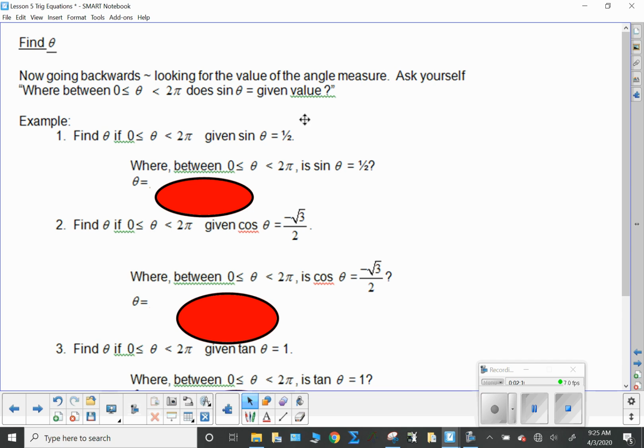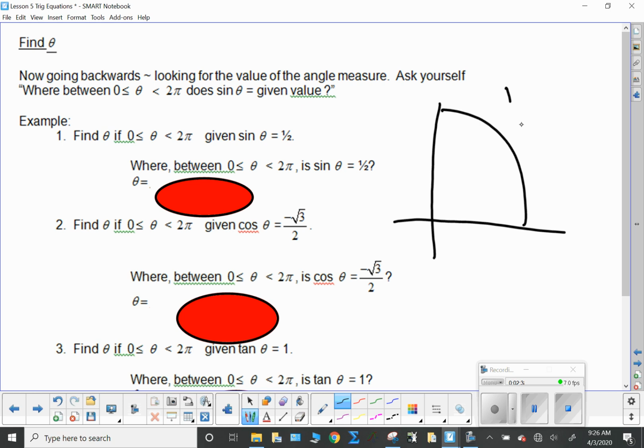I'm going to look at these problems here. So for this one, find theta if 0 is less than or equal to theta is less than 2 pi, given that sine of theta is equal to 1/2. Well, what I want to know is, where's the sine 1/2? Well, remember, we can do our quick, easy, boom, 1, 2, 3, 1, 2, 3, everybody over 2.